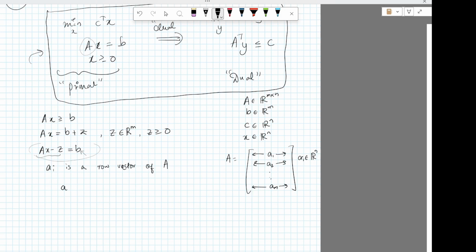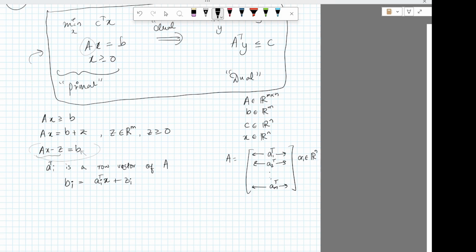One element will be like bi is equal to ai transpose x, because this is a row vector and x is a column vector. So now I have ai transpose x plus zi. This is an element of b.